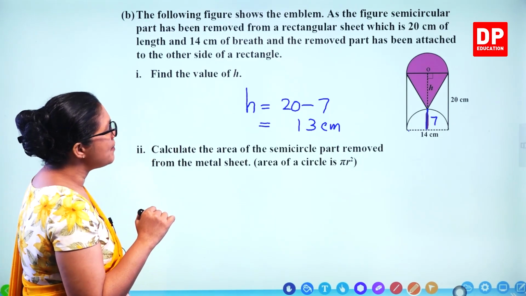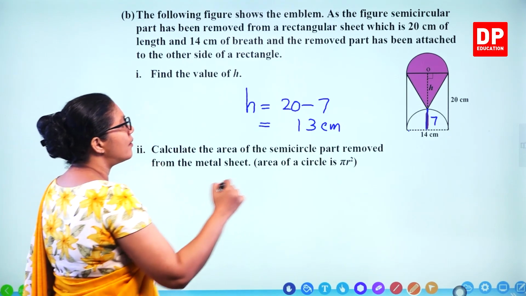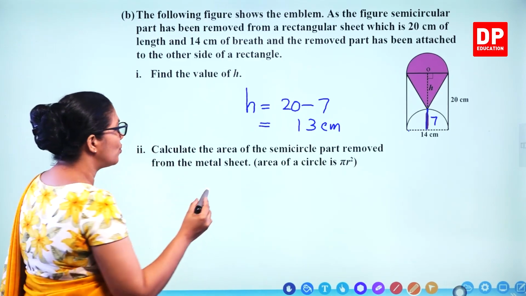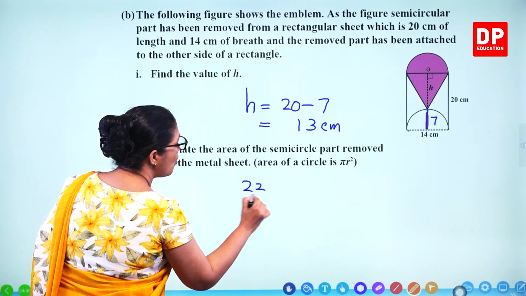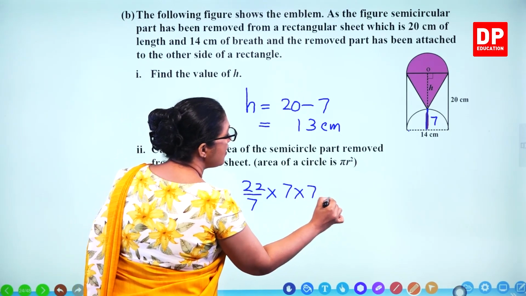Calculate the area of the semicircle part removed from the metal sheet. This part. So pi r squared divided by 2. So pi 22 over 7. R is 7, 7 squared.